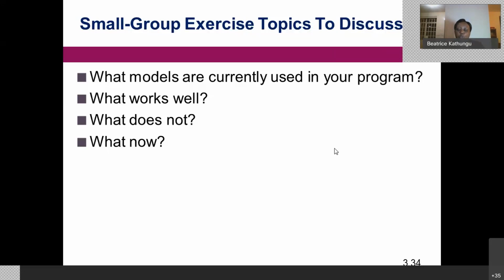But we also have to think about our resource base. What is available for us? We may want to do intensive models like the assertive community model, but we may not have the resources. So it's a question of balancing between the client's needs and our resources and seeing what is workable for those clients.